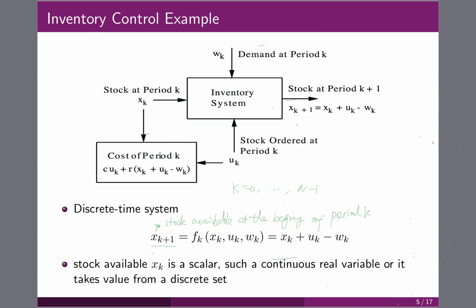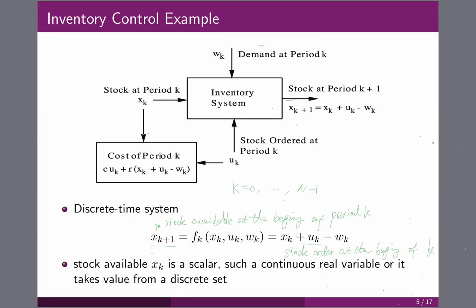Okay, and this is xk, the available stock. And uk is the stock order at the beginning of period k.